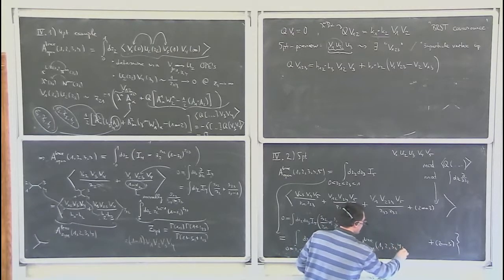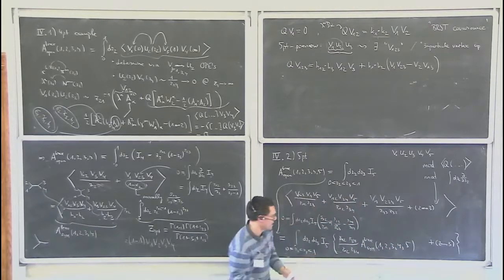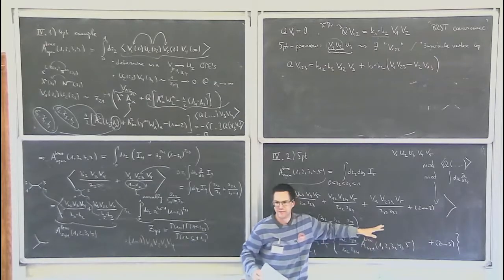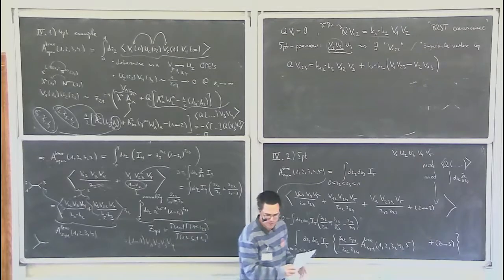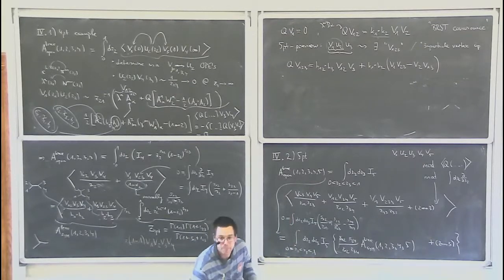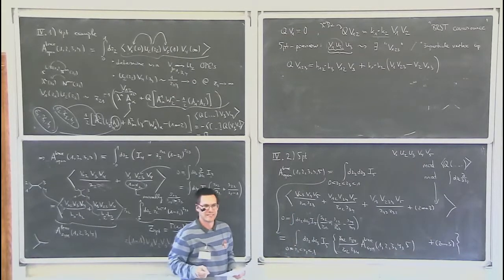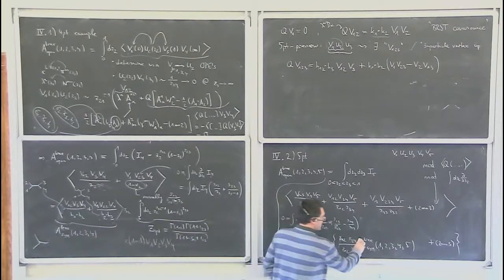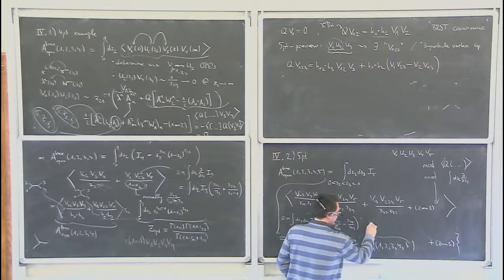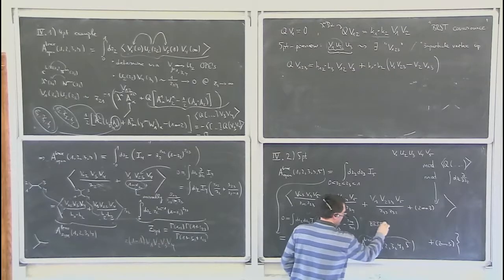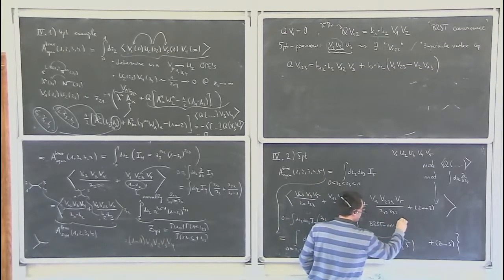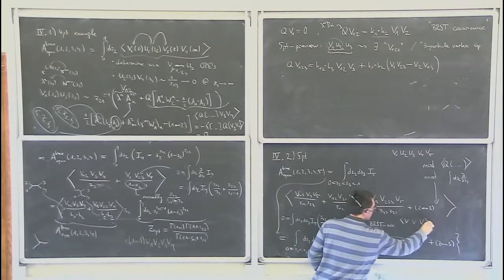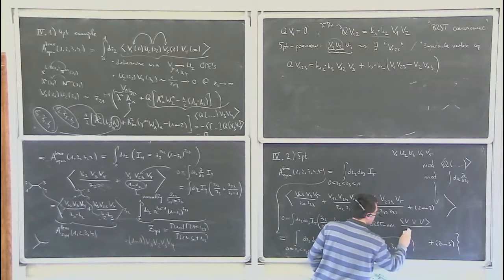The pole structure of this BRST invariant combination is precisely that of the 5-point function. So even before evaluating any lambda cube theta 5 integrals, just by poking at the pole structure, you can see that you're on the right track, that the expression here must be the color-ordered 5-point function of super Yang-Mills.